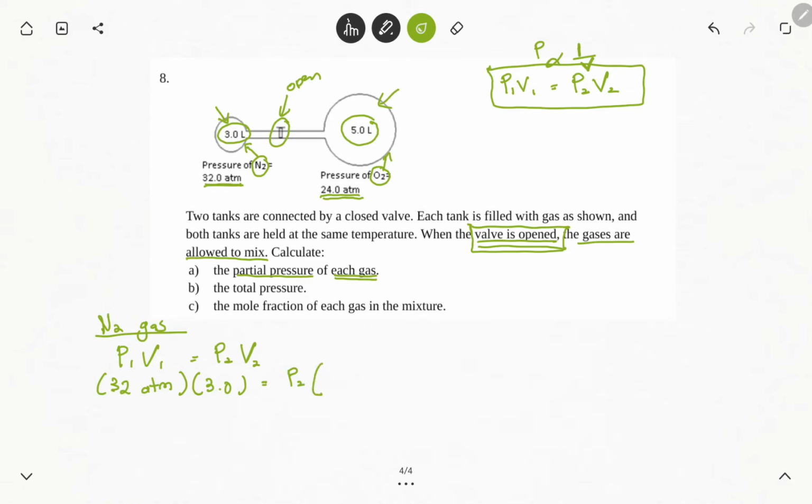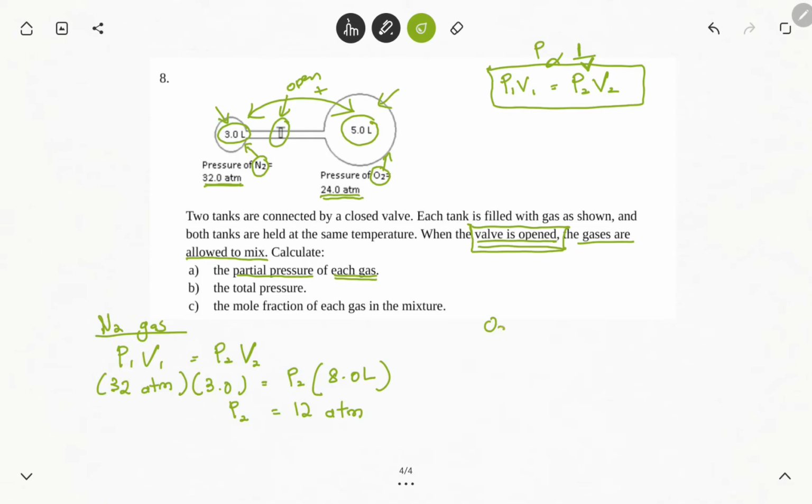After the valve is open, the volume changes from 3 liter to 8 liter, 3 plus 5. So the partial pressure of nitrogen gas after the valve is open, or P2, is equal to 12 atm.